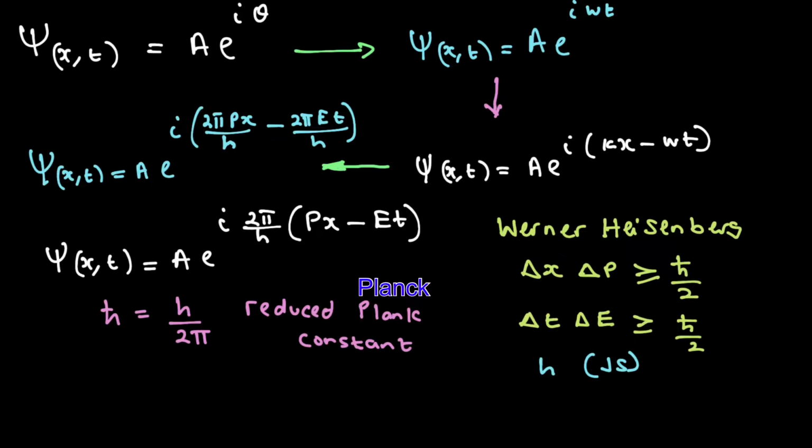So if I have h bar equals h over 2 pi, 1 over h bar will be equal to 2 pi over h. And that is what I've got here. Common factor here is 2 pi over h. So I can replace 2 pi over h with 1 over h bar.